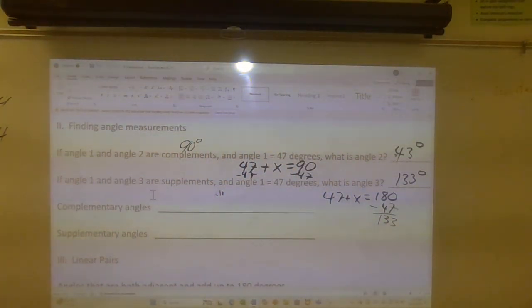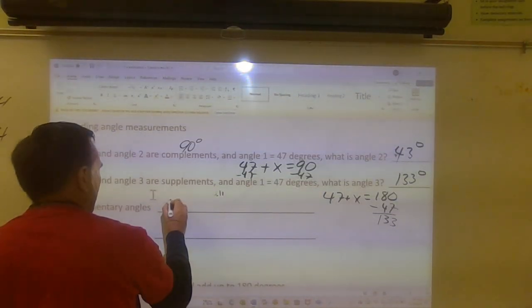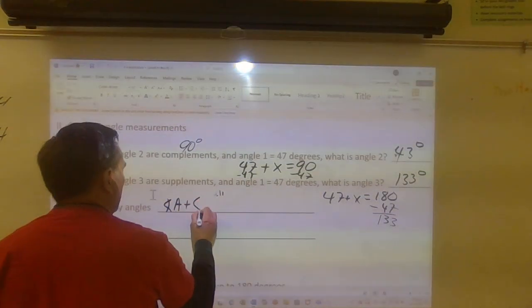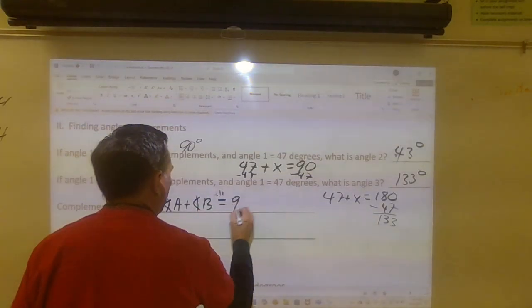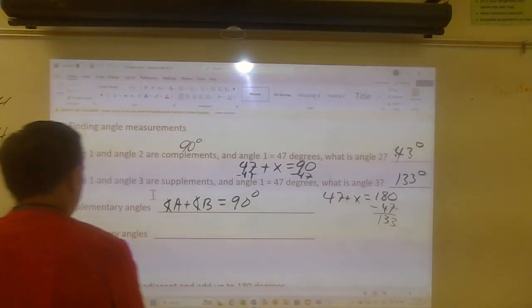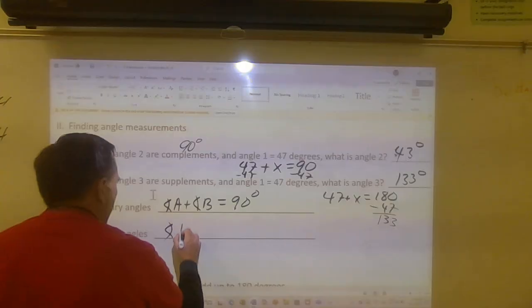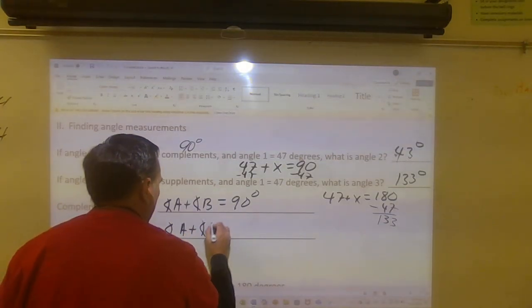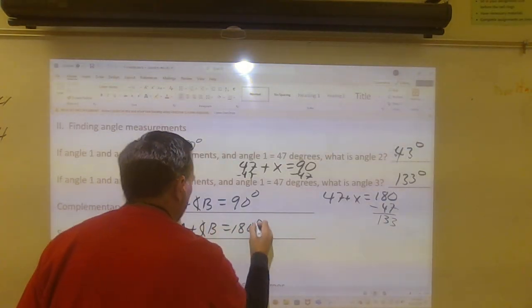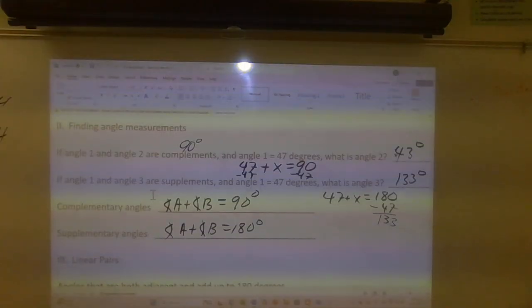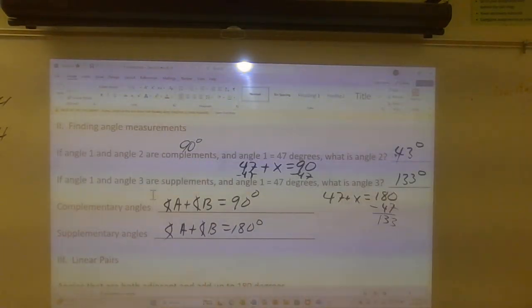So to sum up, complementary angles, we have angle A plus angle B equals 90 degrees. Supplements, angle A plus angle B equals 180 degrees. And those are two facts that we need to remember.